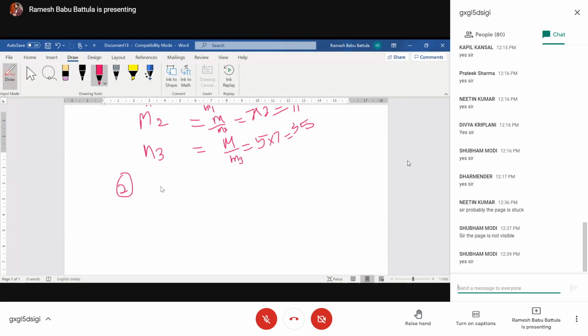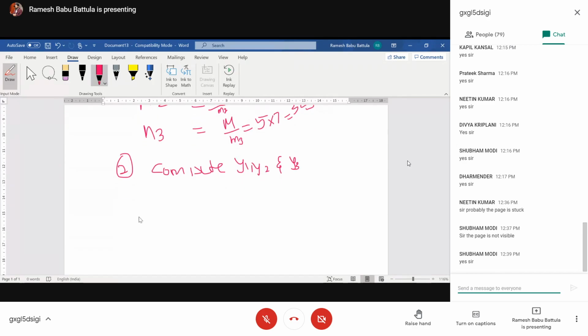We need to compute the y1, y2, y3 values.